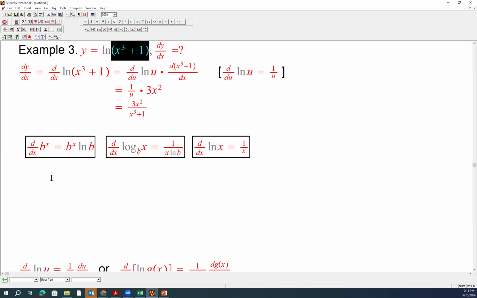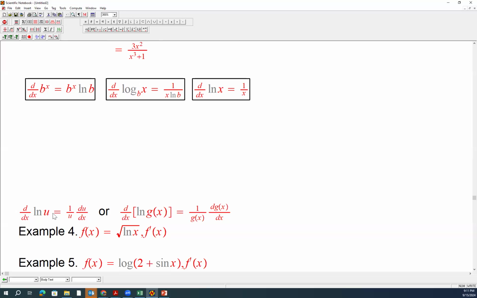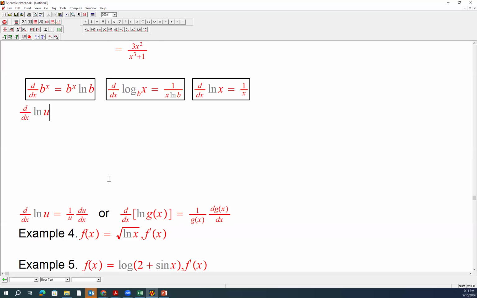Now by this time, we have ln of something. In fact, if we have the derivative of ln u, and u is any function of x, then we can apply the same chain rule. This makes d/du and then du/dx.